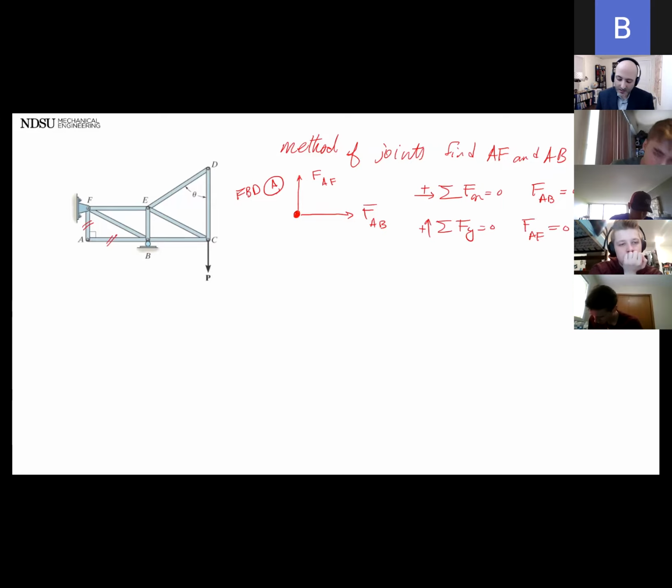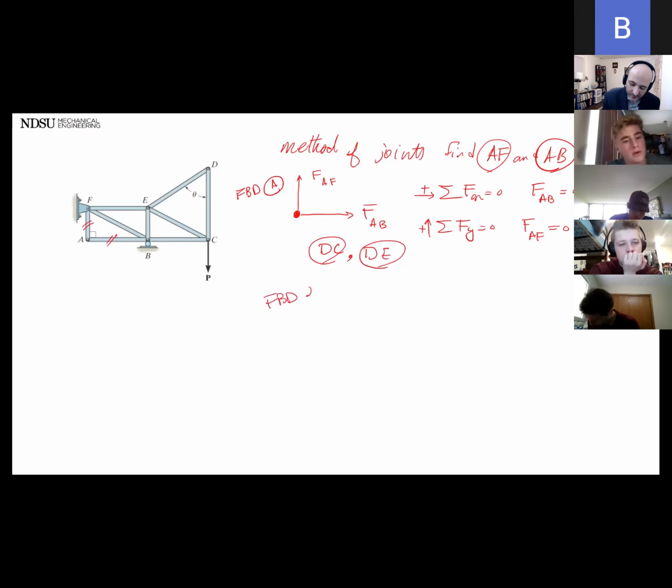Let's see. Next, let's find forces in members DC and DE using method of joints. So which joint would you pick this time? FBD of which one would you pick? Joint D. Okay, that's the smart decision.